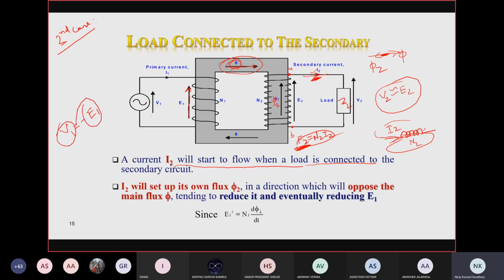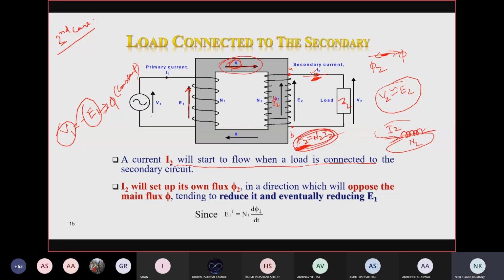When your flux is constant. तो ये कैसे होगा? This can happen only if the primary winding draws more current from the source, so that it can neutralize the effect of the secondary MMF F2.